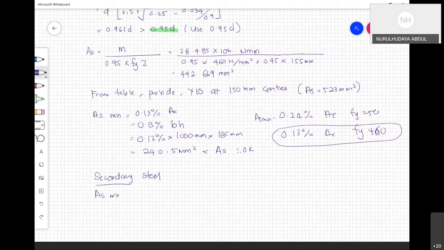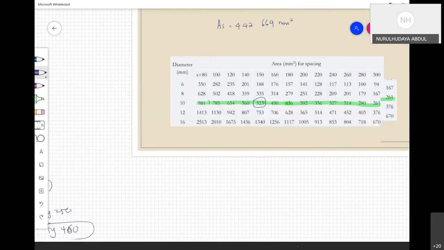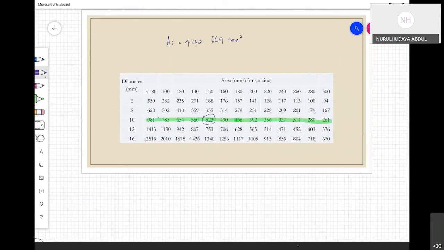So kita tahu AS minimum kita adalah 240.5 mm square. Okay. So this is our AS minimum. So kita punya secondary steel will be based on this AS minimum. Kita tengok lagi in our table here. So we know that our AS minimum is 240.5.